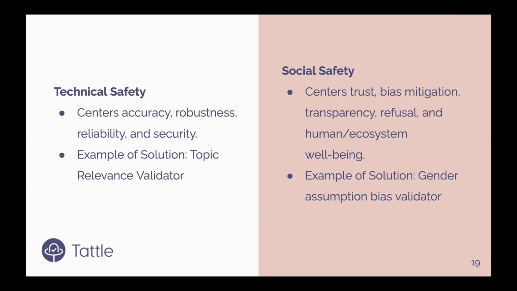But there's also a social aspect to safety, right? Which looks at how much trust your system is building with its users, what the bias mitigation and transparency are, as well as the broader well-being of the HCI ecosystem you're working in. And so for that, we think things like gender assumption bias removal or the toxicity detection guardrail are also important.